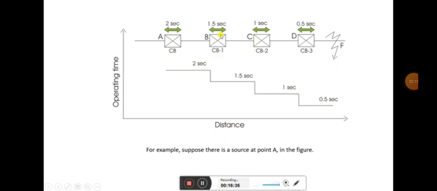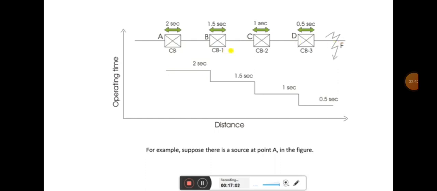But if CB1 is operating, we see that it takes an operating time of 1.5 seconds. First of all, up to 1.5 seconds, the power from the source will carry on feeding the fault point. That is not desirable.